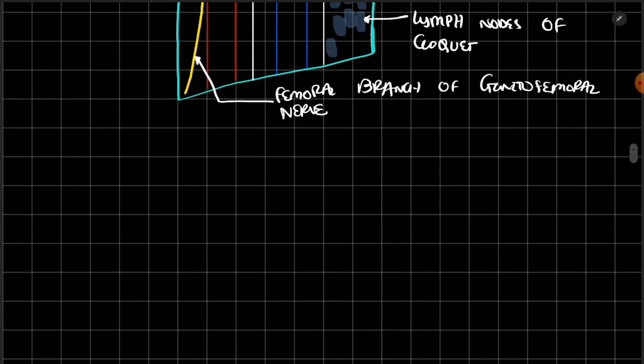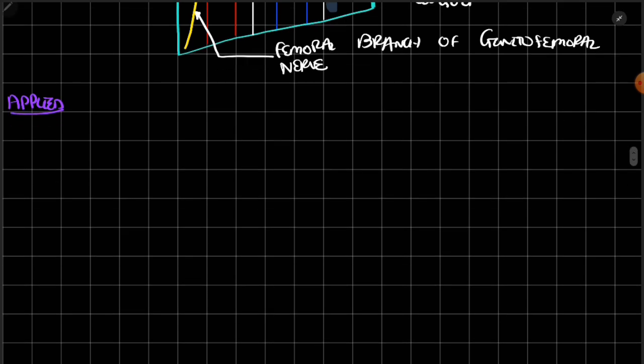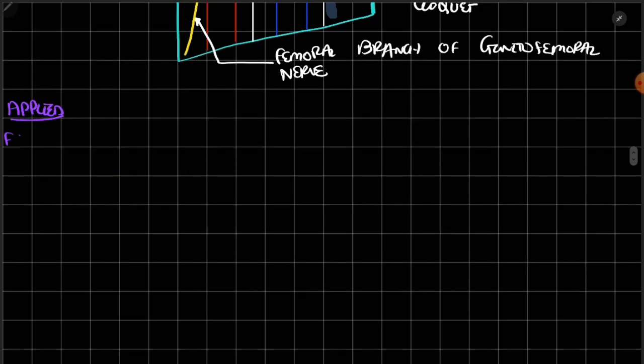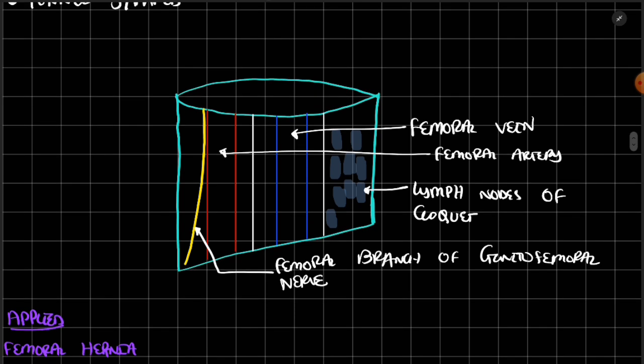Now coming to the applied part, it is very important. Purple for applied. So the first and the most important applied is the femoral hernia. Due to raised intra-abdominal pressure or some very tedious work, the loops of the intestine can come in this space.